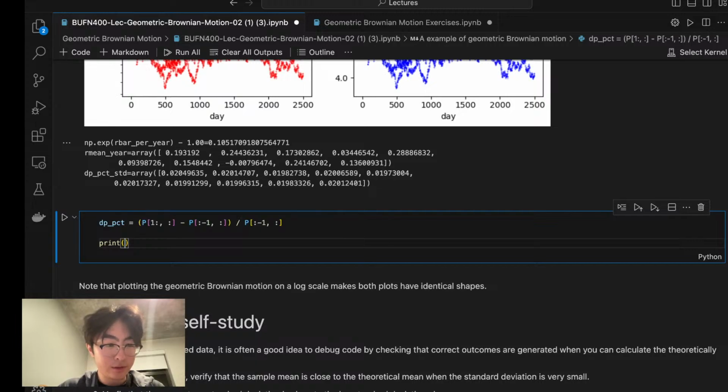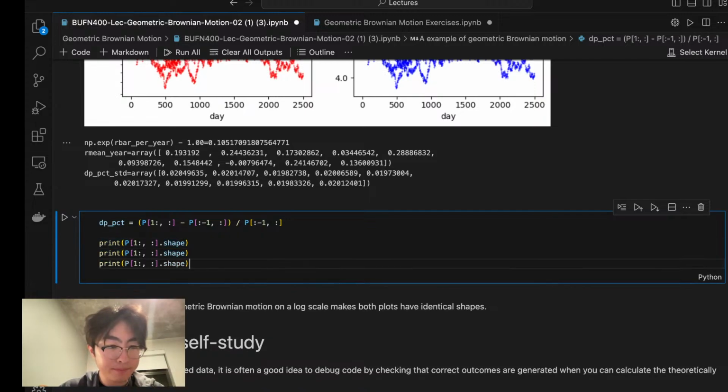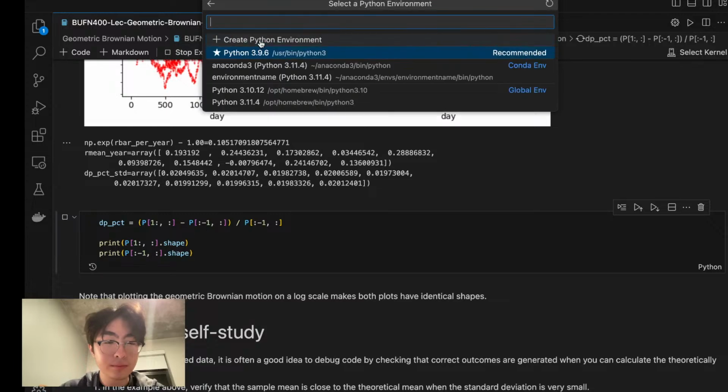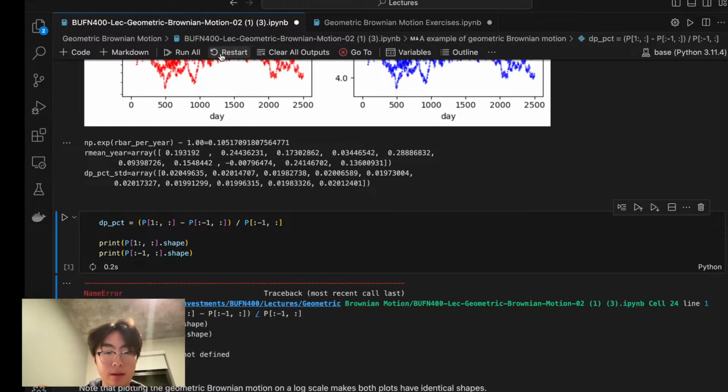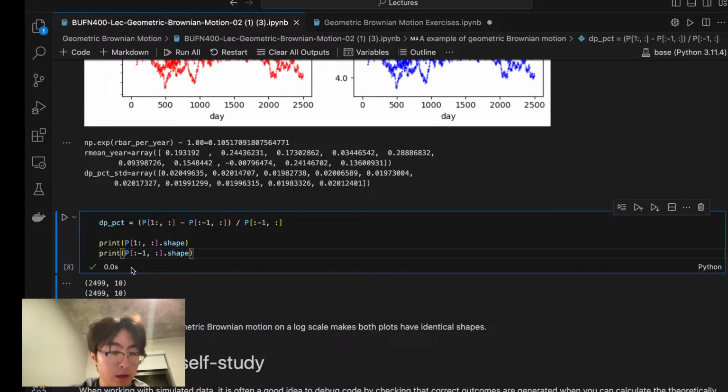Okay, so print, we'll call this shape. So these should have the same shape, right? Because they're being divided by the same. Okay, P is not defined. I think I have to run everything then. Okay, so yeah, it's 2,499.